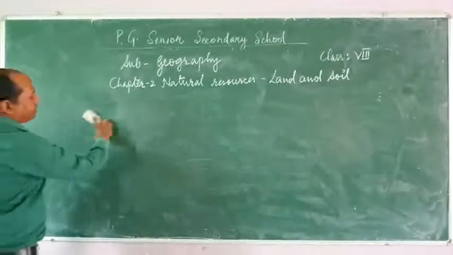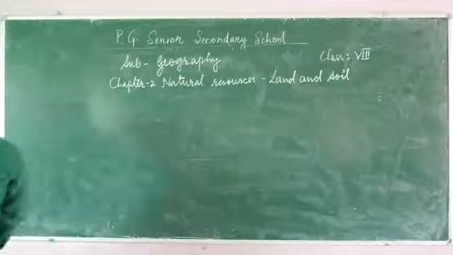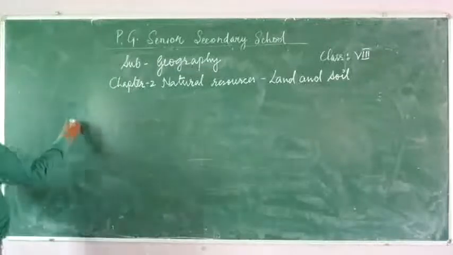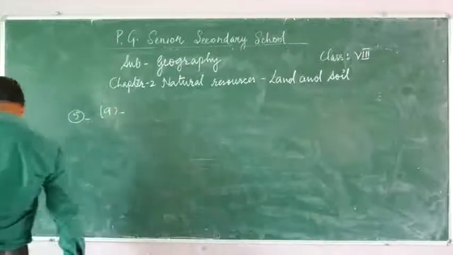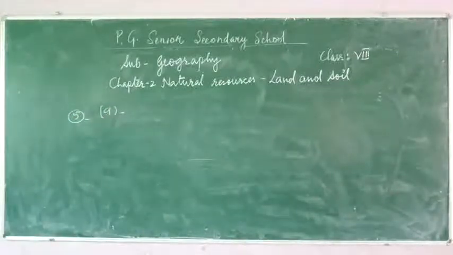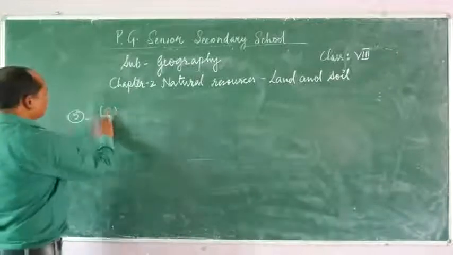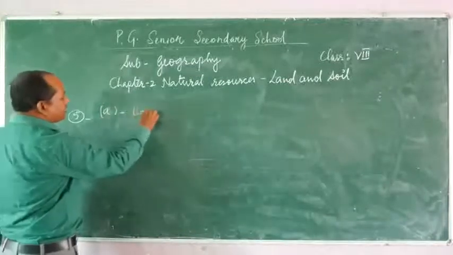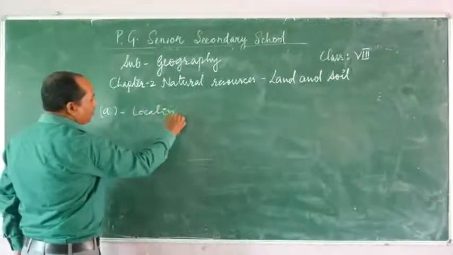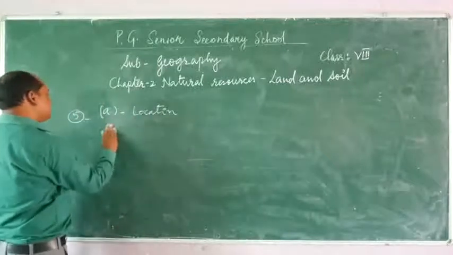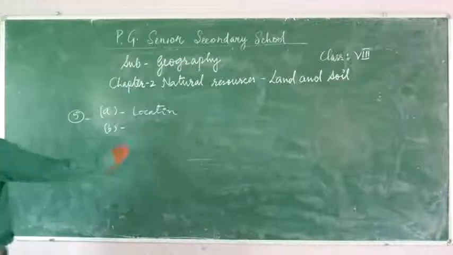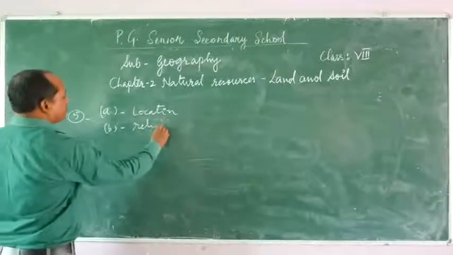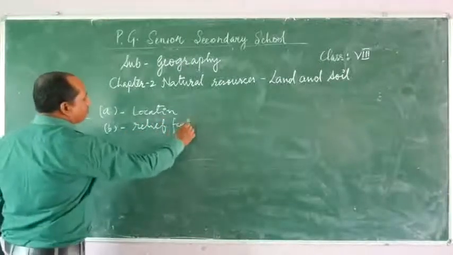Now, how can we determine the land use? Land use can be determined by five factors. The first one is the location and accessibility, meaning where the land is located. The second one is the relief feature.